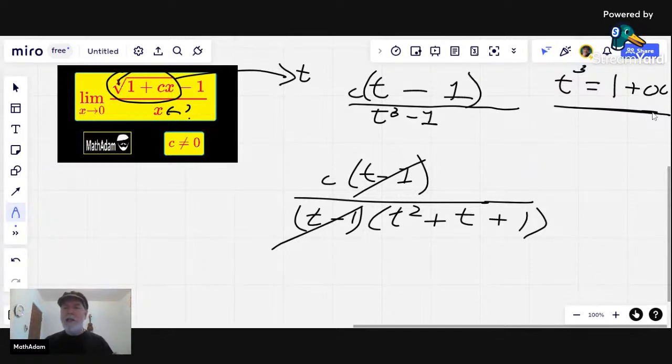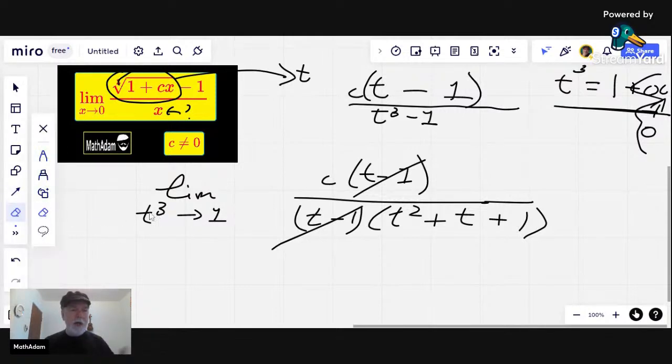We were doing this as x goes to 0, right? So what happens when I put 0 in here? Then this all gets out. So we're doing the limit as t cubed goes to 1, and because we're dealing with real numbers, we can simplify that to t goes to 1.